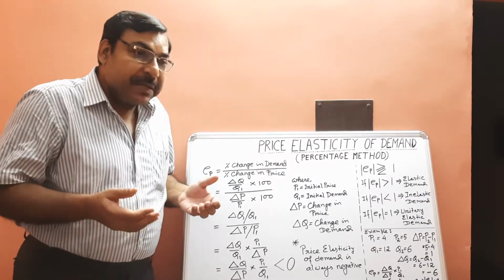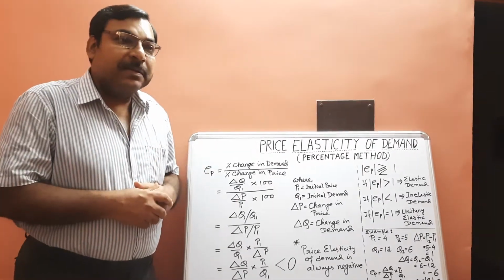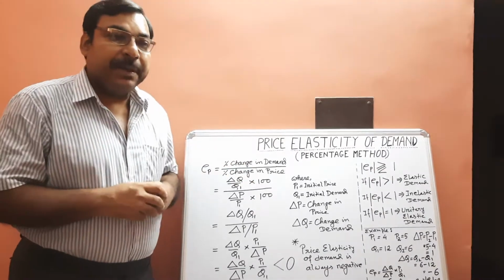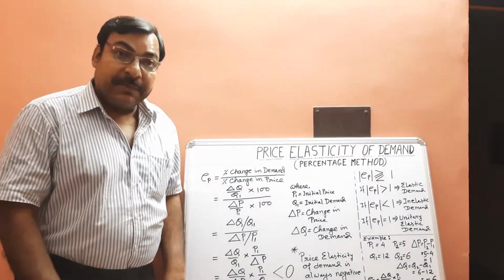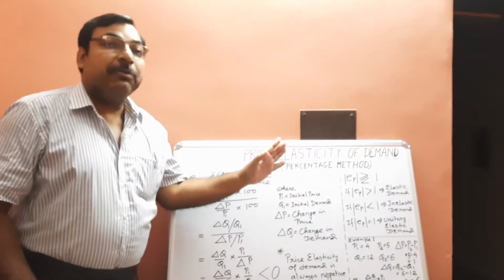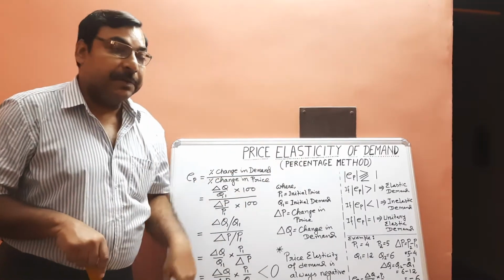So when we have to measure this response of the consumer, there are various ways of measuring elasticity of demand. So far as our syllabus is concerned, we will talk about the percentage method of calculating price elasticity of demand.